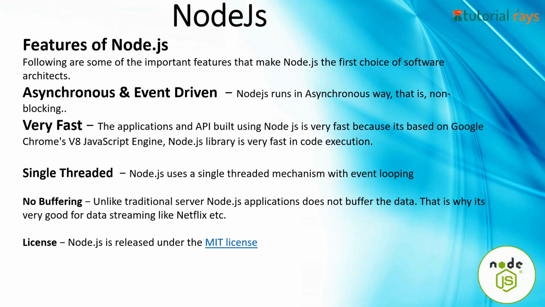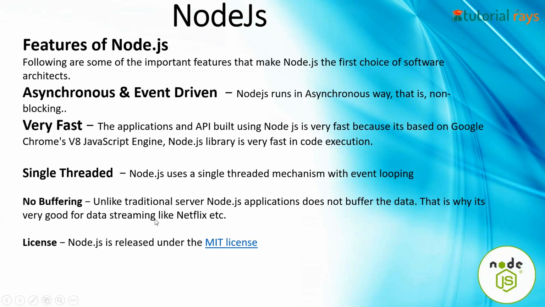There is another important feature of this, no buffering. What happens normally in classical programming languages like PHP, JSP, or ASP.NET? Your whole page loads and it is buffered into our computer. It is saved into our computer, and when you open it again and again, it is taken from the buffer. But what happens in Node.js? It is not buffering directly. The data is taken from the server.